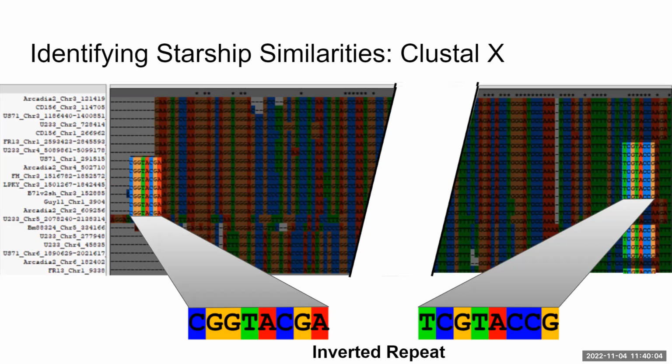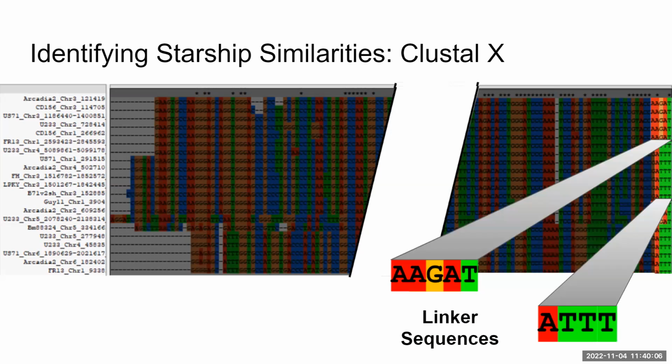It's the reverse complement. We also found linker sequences on the right end of the screen. You can see there were two present. Every starship had one, AAGAT or ATTT. We don't know the significance of these sequences at the moment, but there has to be some significance because every single one has them.